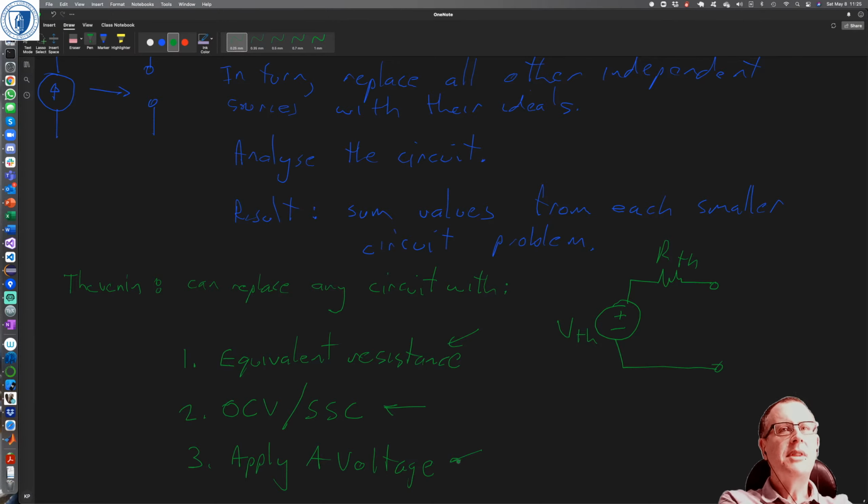Now the problem with that is these all only get you RTH. You still need to find the Thevenin voltage, and usually that means you've got to at least do the open circuit voltage, because the open circuit voltage is the Thevenin voltage.